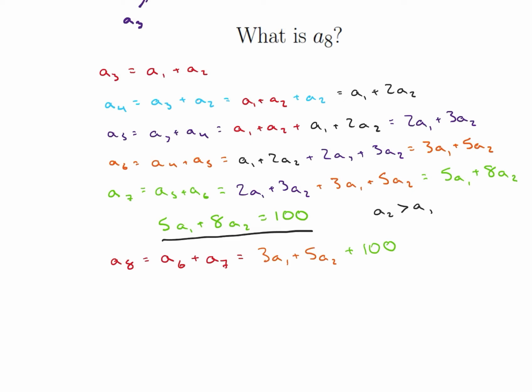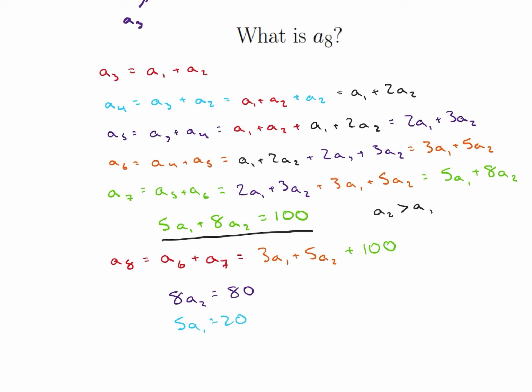So this is a little bit complicated if we went the number theory route. We can kind of brute force this. So I can see that if I'm looking for a value of a sub 1 that's smaller than a sub 2, and I want them to sum up to 100, then I know that I can get 8a2 equal to 80, and if I make 5a1 equal to 20, those two will sum up to 100.